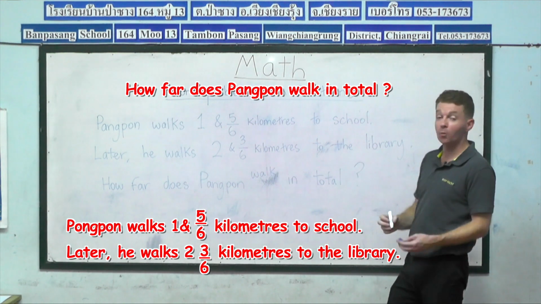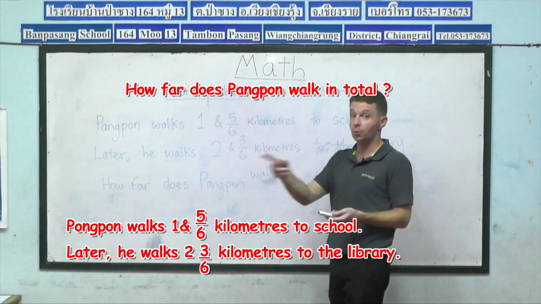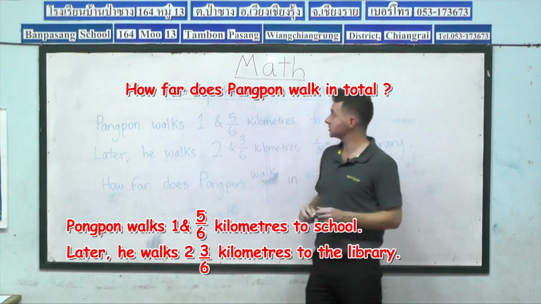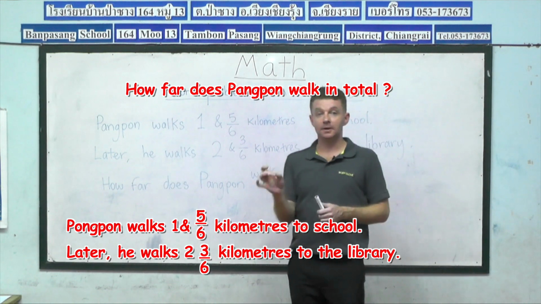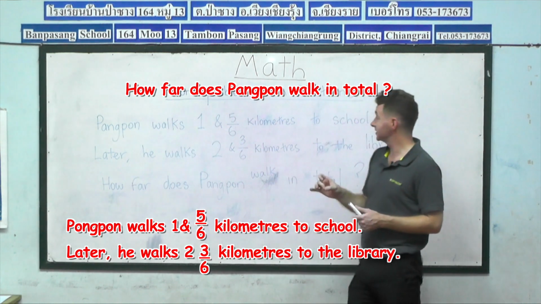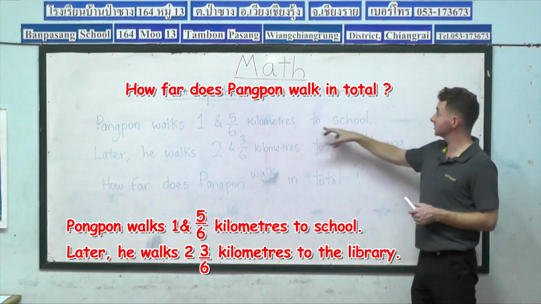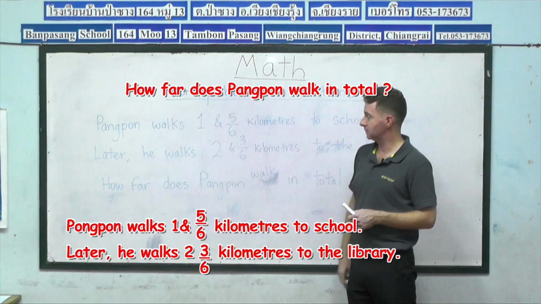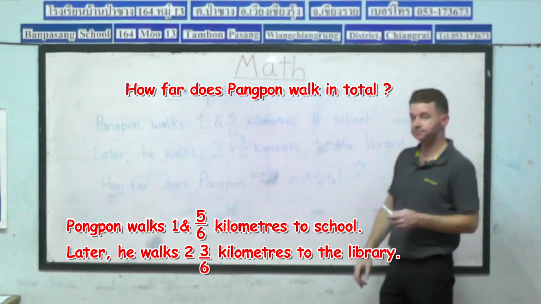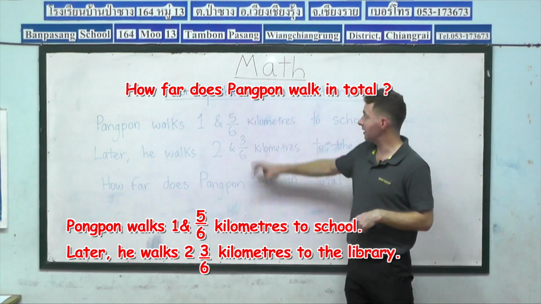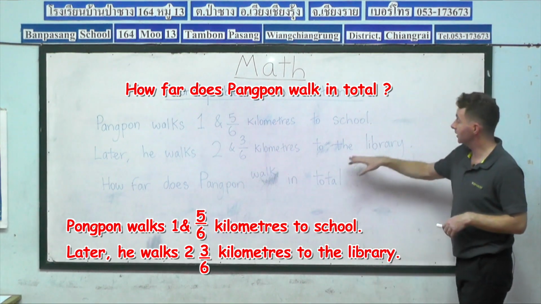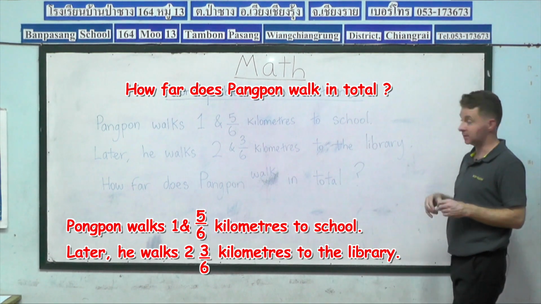So let's read the word problem about Bangpon and his walks together. Bangpon walks 1 and 5/6 kilometers to school. Later, he walks 2 and 3/6 kilometers to the library.